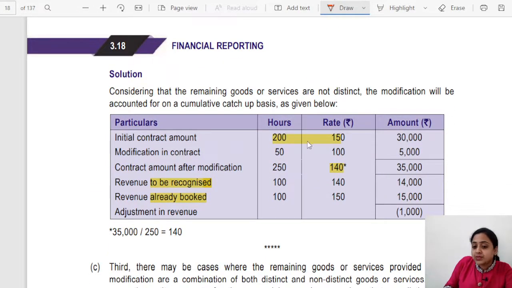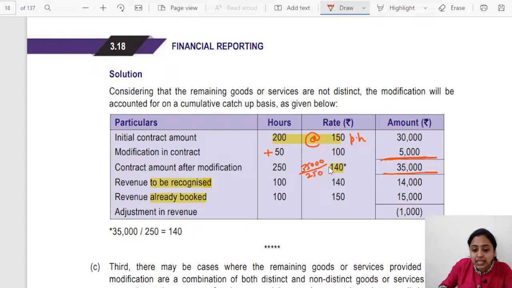First 200 hours were decided at 150 rupees per hour, that is 30,000, and addition of 50 hours has been done. This means total 35,000. Now, 35,000 divided by 250 hours is equal to 140. The upcoming hours will be recorded at rupees 140.